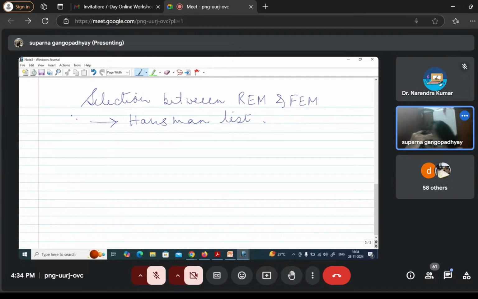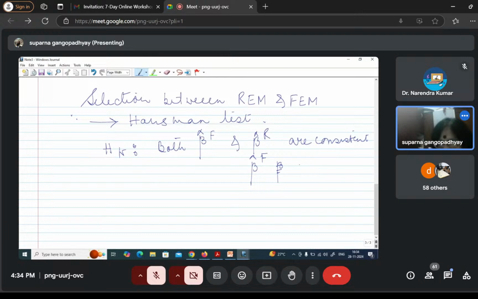Suppose there are two estimators, FE and RE. Hausman stated that your null hypothesis is that both beta hat F, the fixed effect, and beta hat R, obtained for random, are consistent, but beta hat F is inefficient. What is your alternative hypothesis?